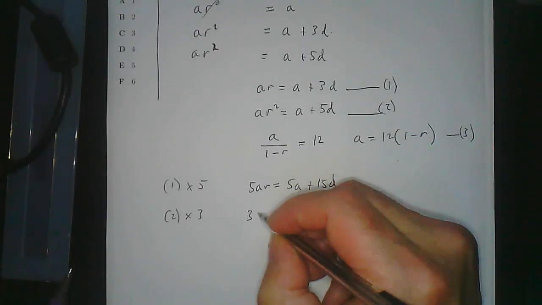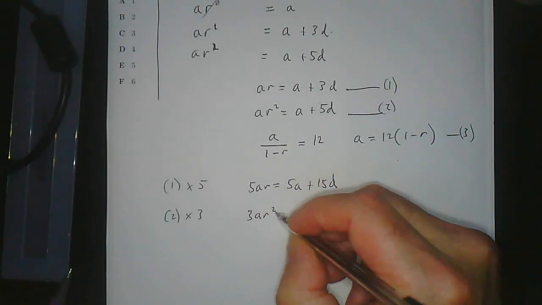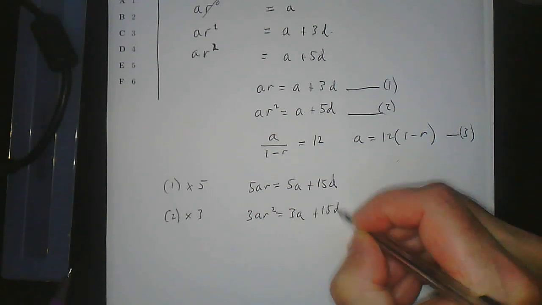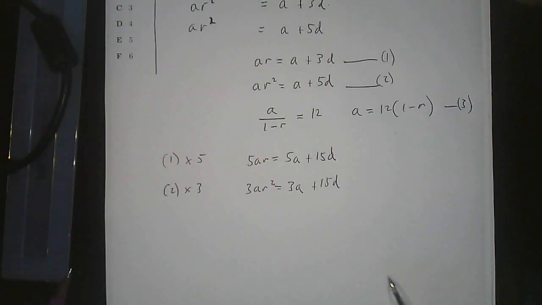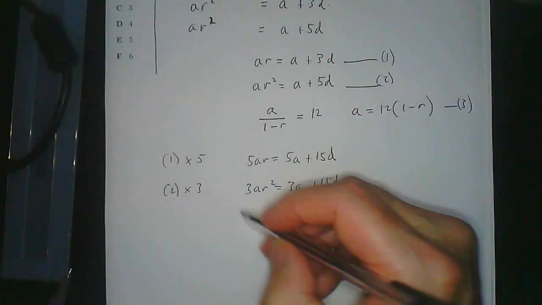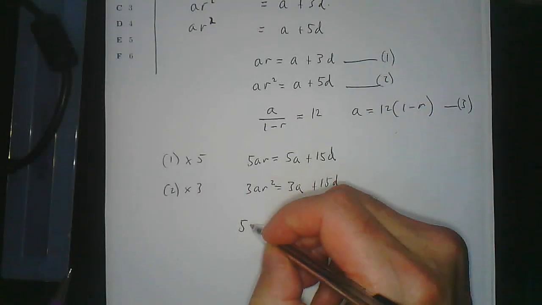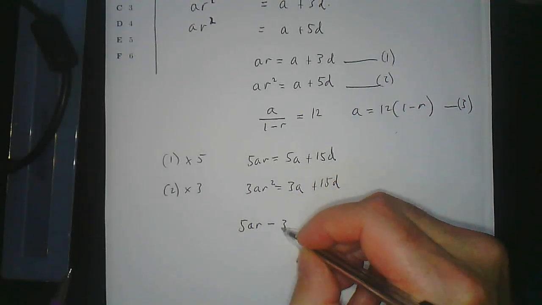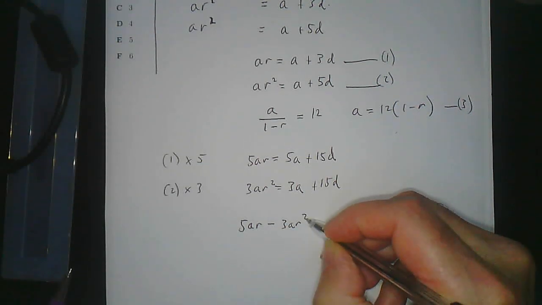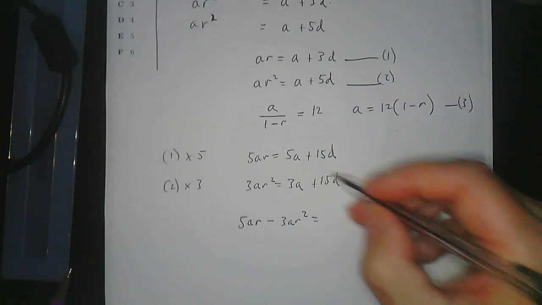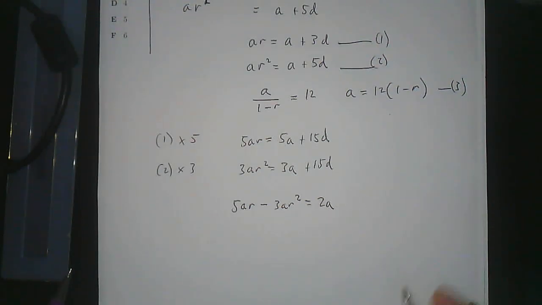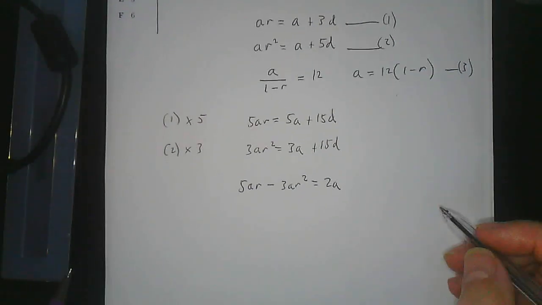You get 3AR squared equals 3A plus 15D. And once we get to that stage, we can subtract one from the other. So let's do that. 5AR minus 3AR squared equals 5A minus 3A, which is just 2A, and the 15D's cancel.